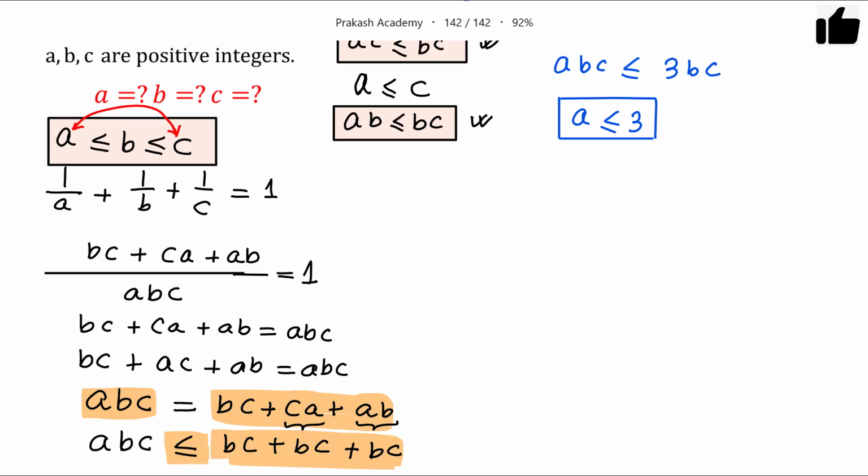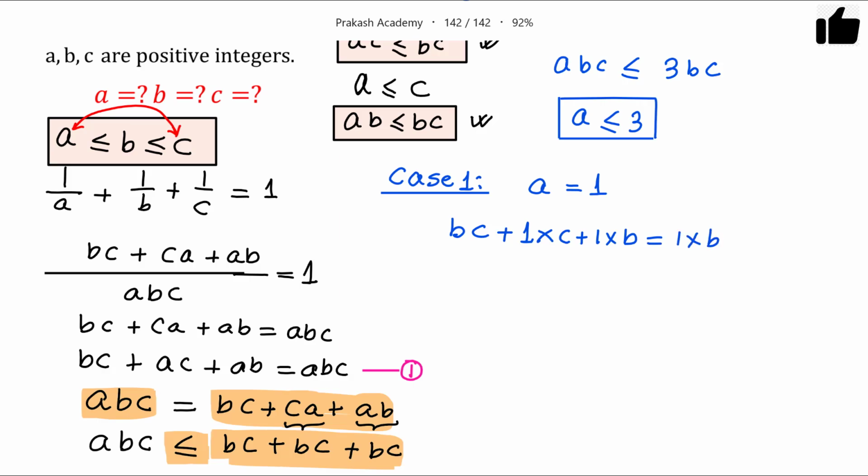So let us discuss different cases. Because a is a positive integer, we can start with 1. So in the first case, let us say a = 1. Now if I plug the value a = 1 in this equation, we will have bc + c (that is 1 times c) + b (that is 1 times b) = 1 times bc.